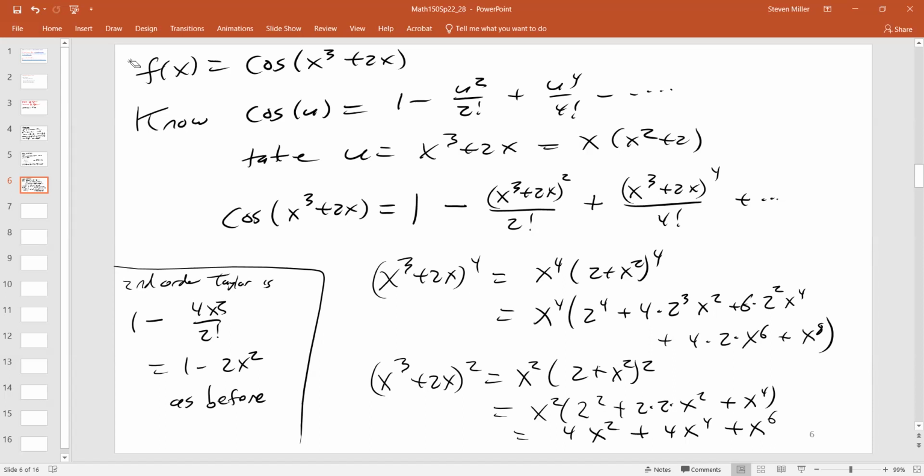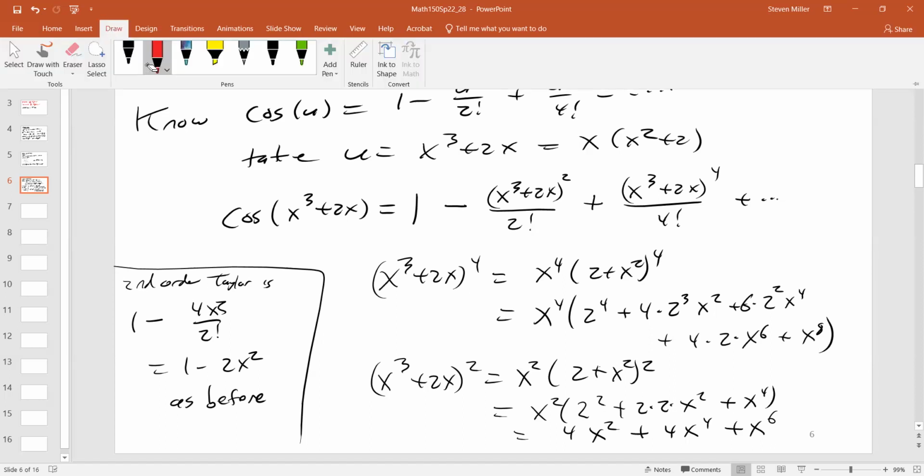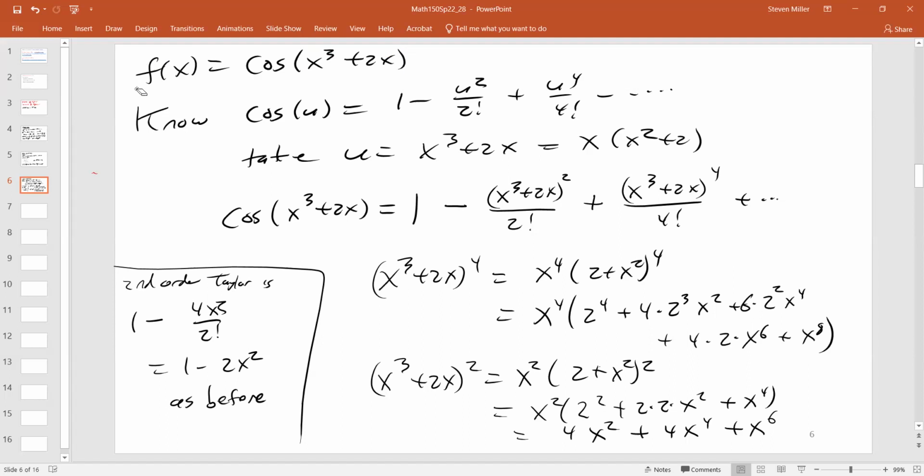So if I wanted to do a fourth order Taylor series, which terms in the x cubed plus 2x squared would contribute up to fourth order? So which terms would be fourth order or less?